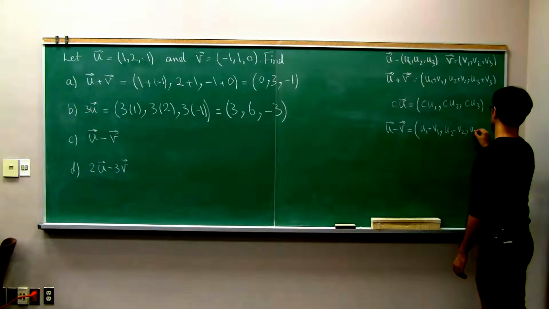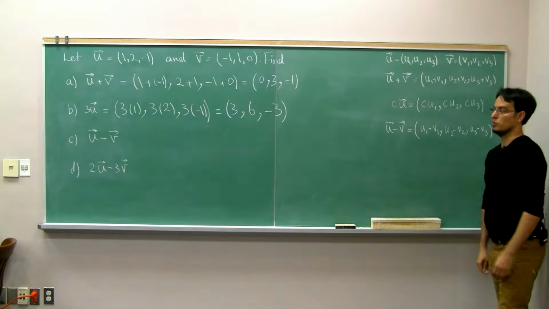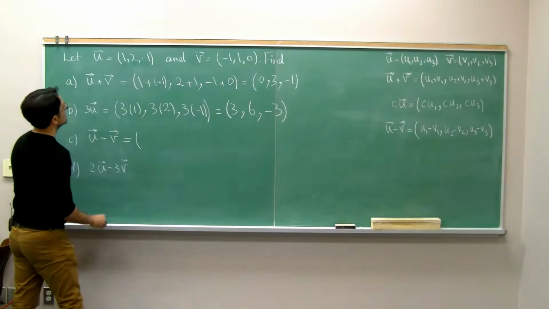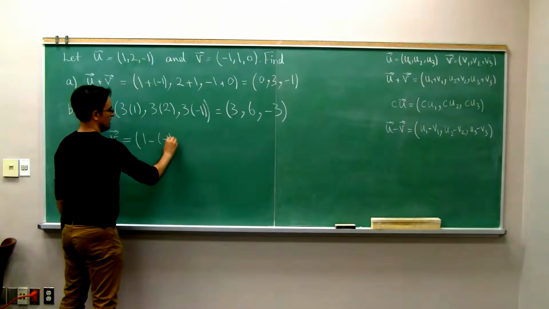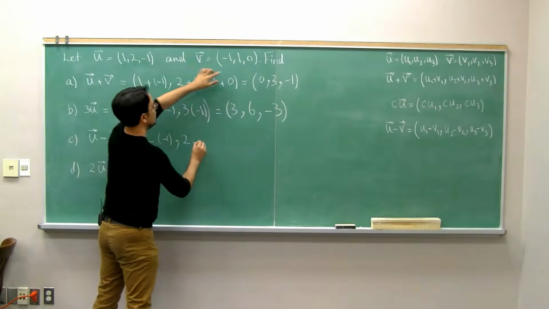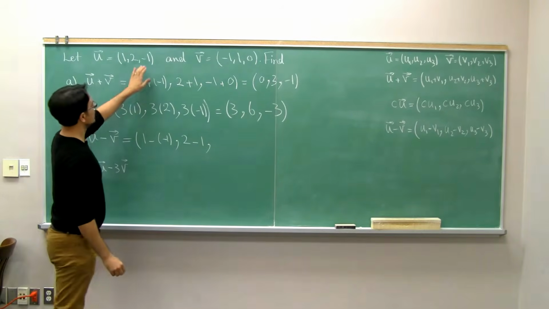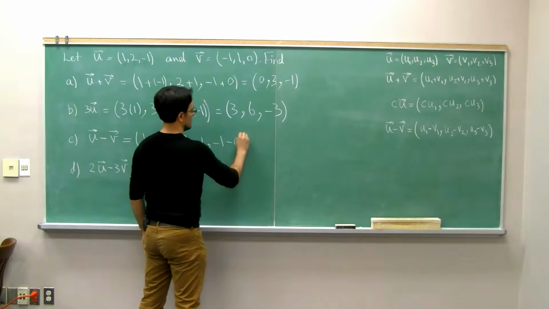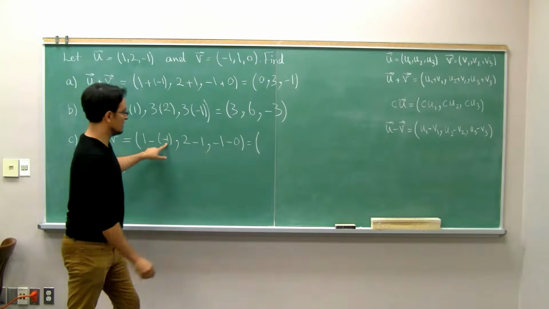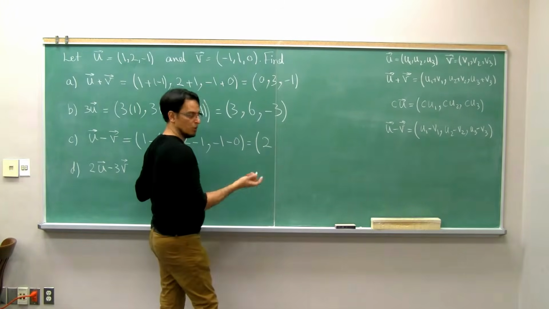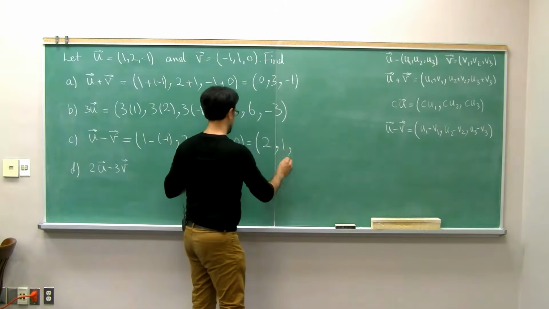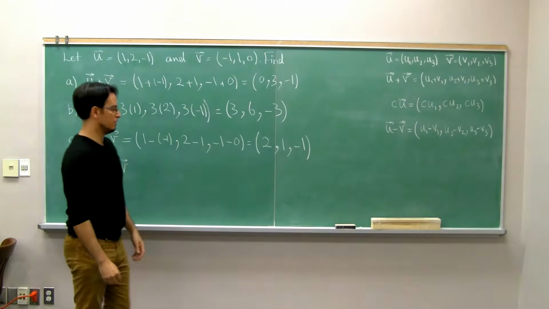The third component is the subtraction of the third components. So in this case, u minus v is 1 minus negative 1. The second component is 2 minus 1. And the third component is negative 1 minus 0. Again, simplify the components now. 1 minus negative 1 is 1 plus 1, which is 2. 2 minus 1 is 1, and negative 1 minus 0 is negative 1.